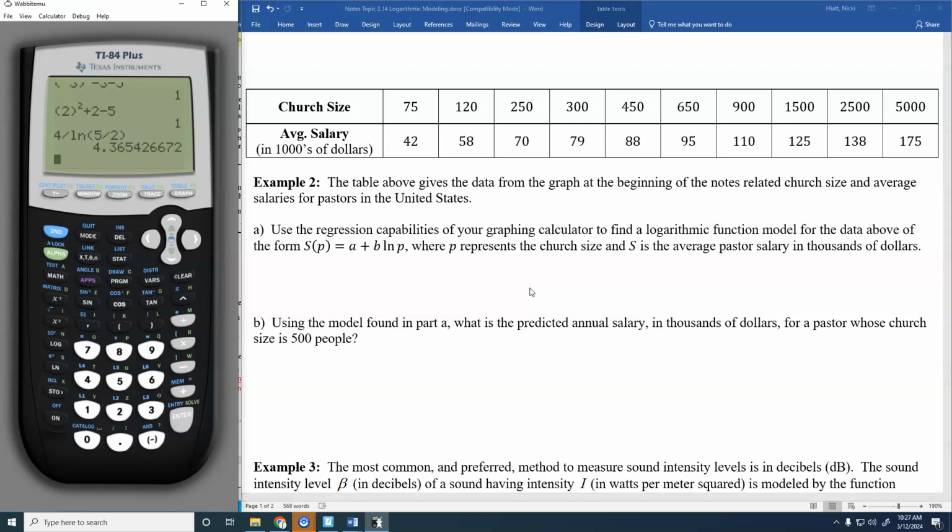It's going to be the same as what we've done before. We're just going to pick a different regression from the list. So first thing we need to do is put our data in. Where do I go for that? Stat, edit. So you're going to go here, clear out anything that you already have, and go ahead and type in those numbers.